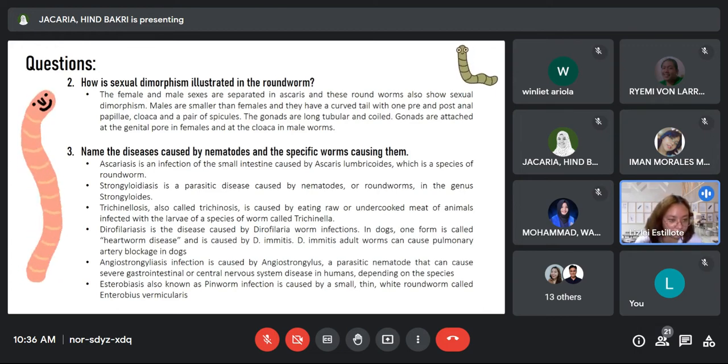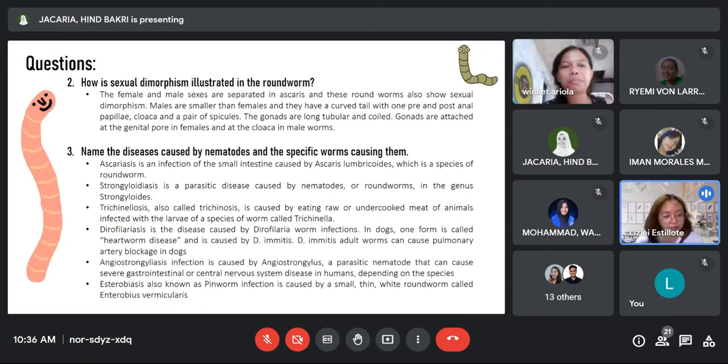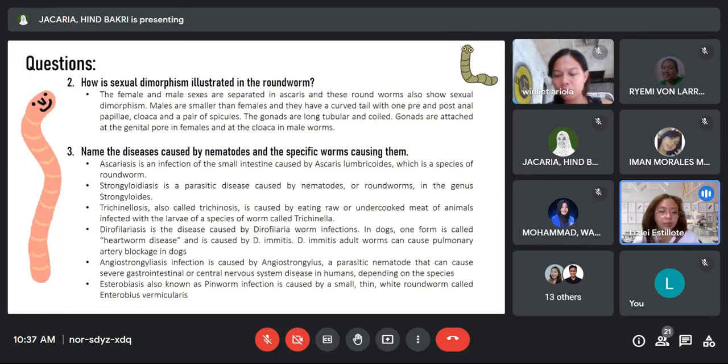The angiostrongyliasis, the infection is caused by Angiostrongylus, a parasitic nematode that can cause severe gastrointestinal or central nervous system disease in humans, depending on the species. And lastly, the enterobiasis, also known as pinworm infection, is caused by a small, thin, white roundworm called Enterobius vermicularis.